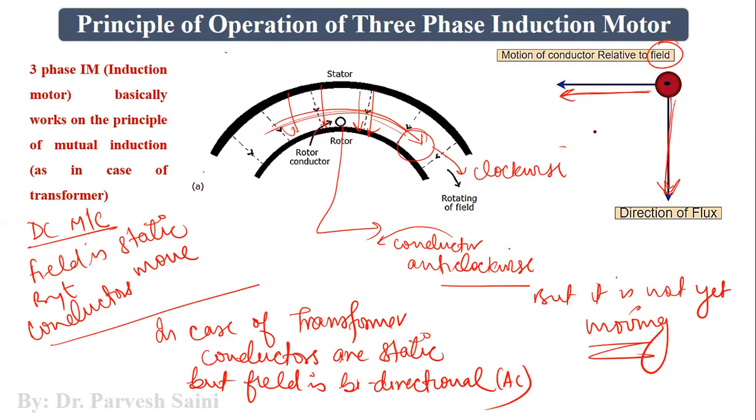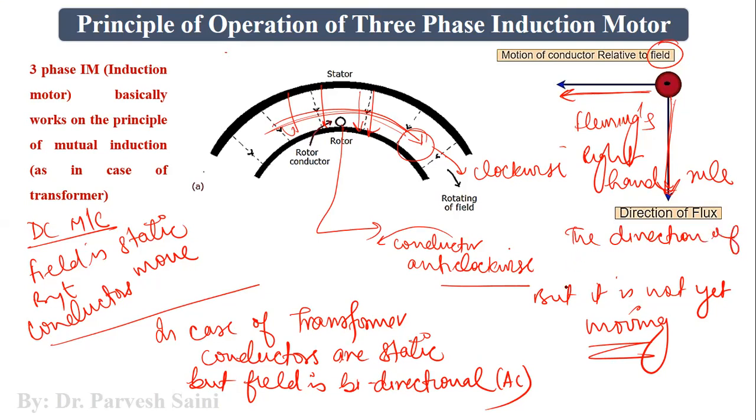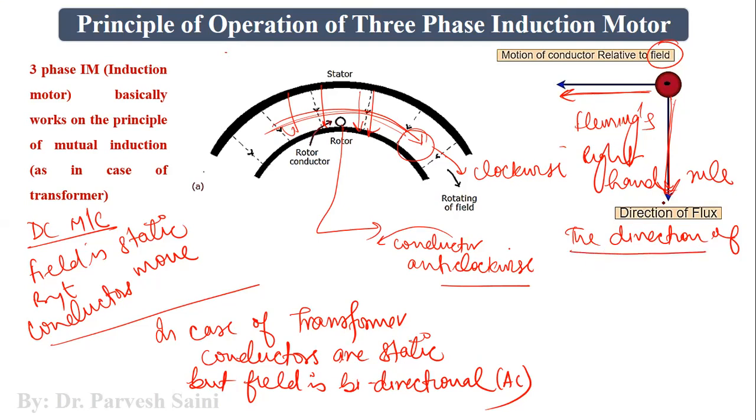So as per Fleming's right hand rule, because this rotating magnetic field cuts this conductor and EMF will be induced in this conductor, and the direction of that EMF will be given by Fleming's right hand rule, right? The direction will be outward, right?